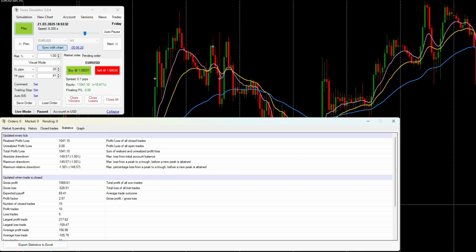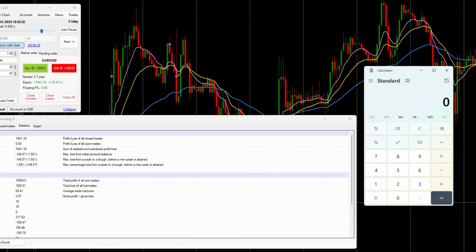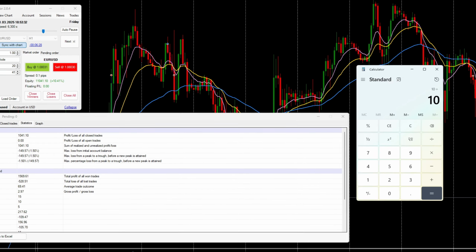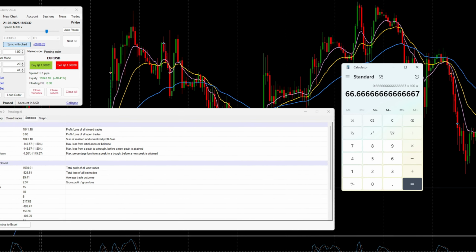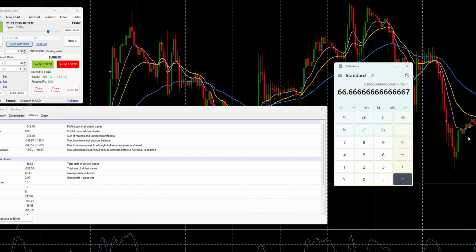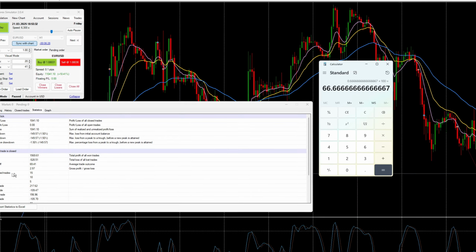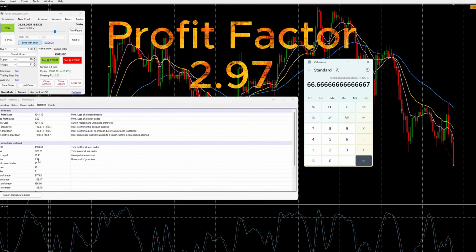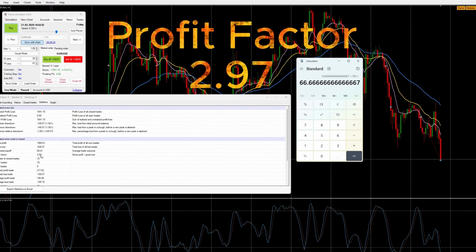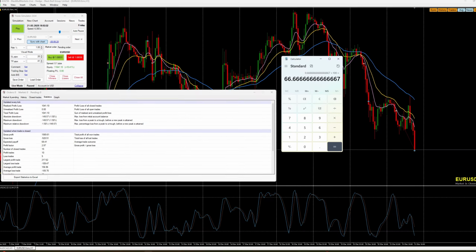So just grab the calculator to see what this comes to percentage wise. We do 10 divided by 15 times 100 equals 66.66% win rate. So that's actually a pretty good win rate. We've got a profit factor of 2.97, which is really good as well. So that's pretty much it. We've actually reached our target.